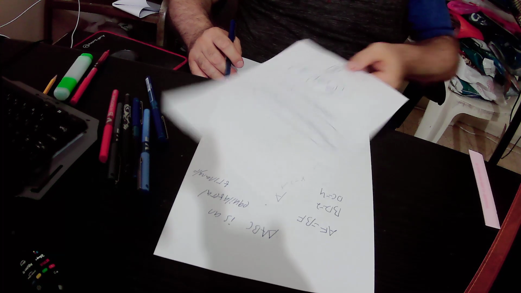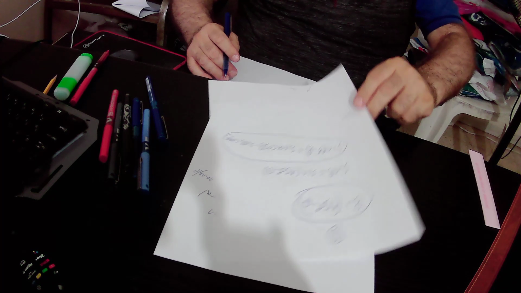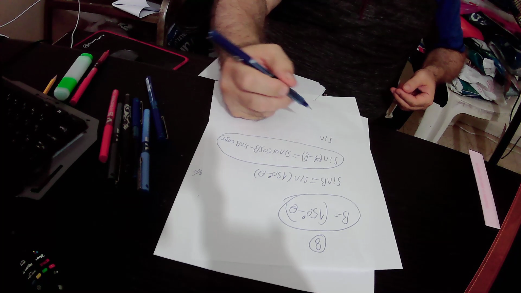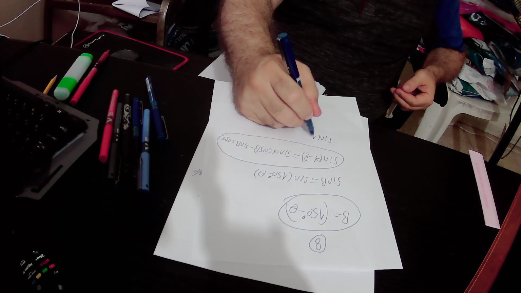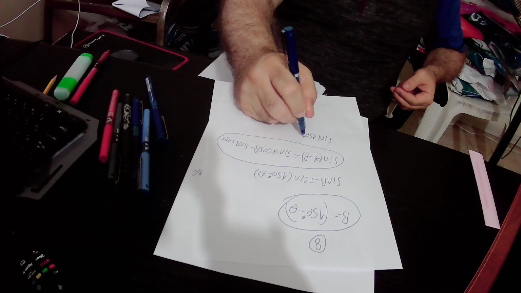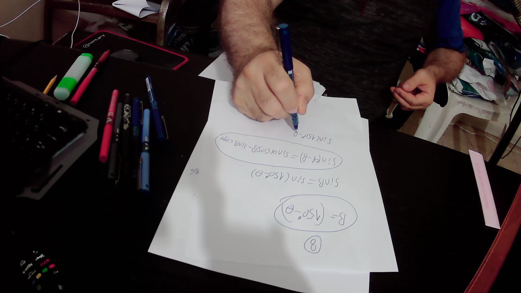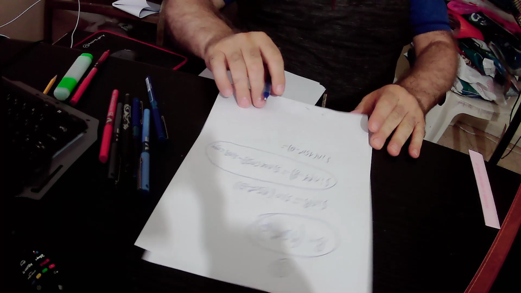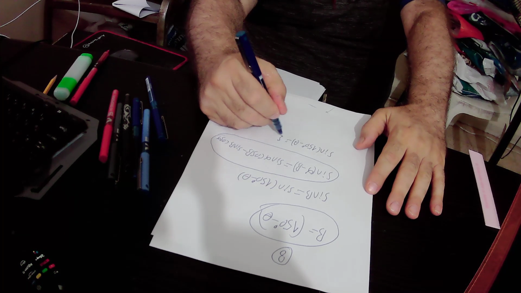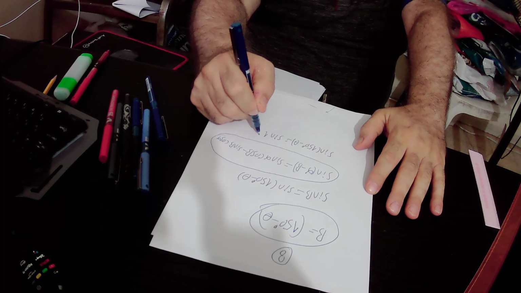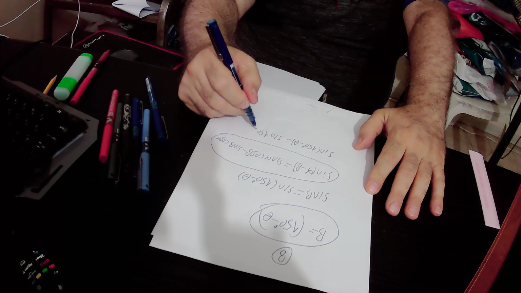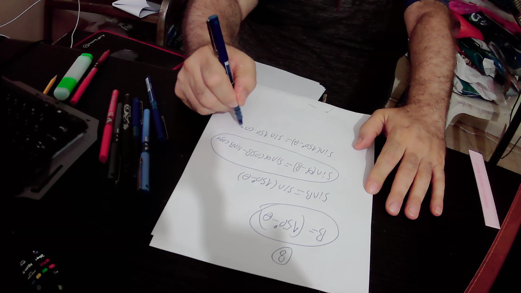So we can write down that the value of sine of 150 degrees minus theta equals sine 150 degrees times cosine theta.